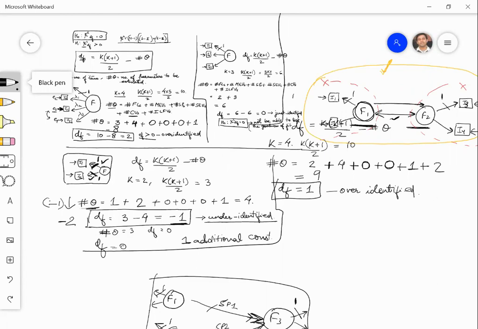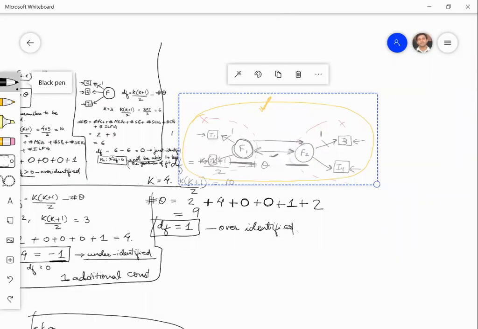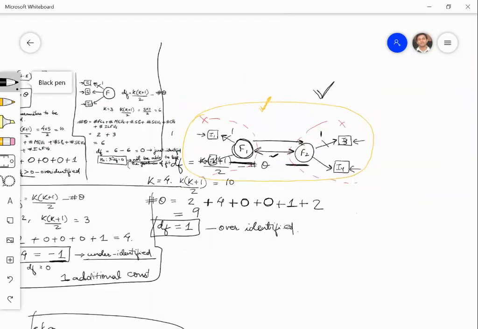How to deal with it? Then the only way is to do the estimation like this. You will not be able to estimate it separately, but you will have to estimate it jointly with some other construct. Okay, sir. Got it. Thank you so much.